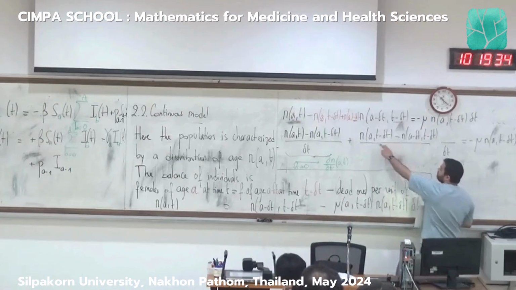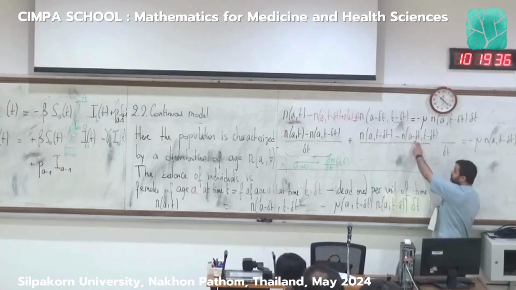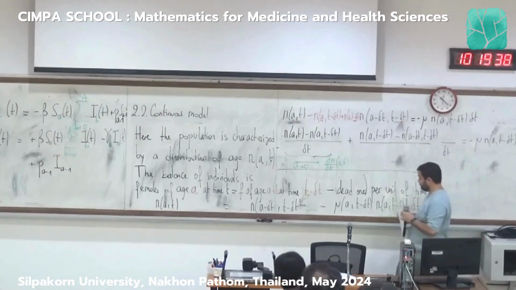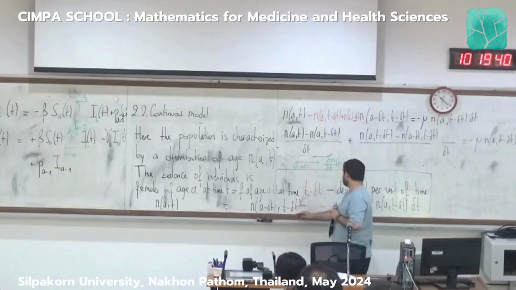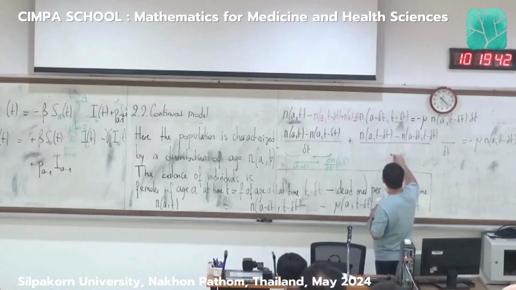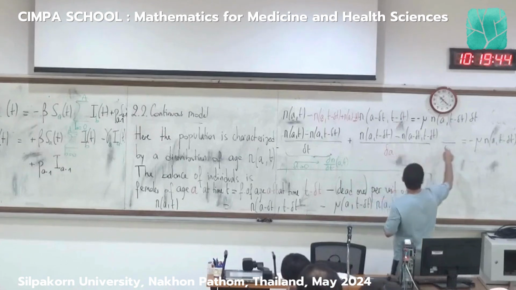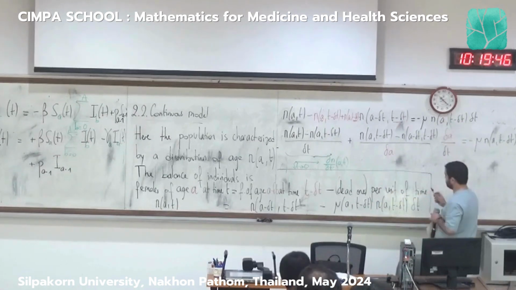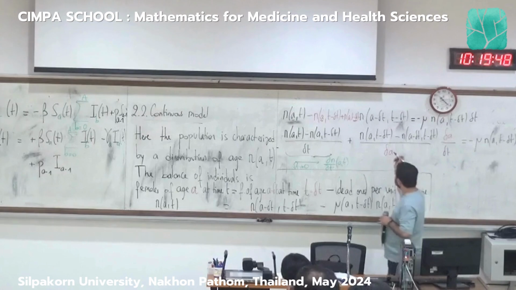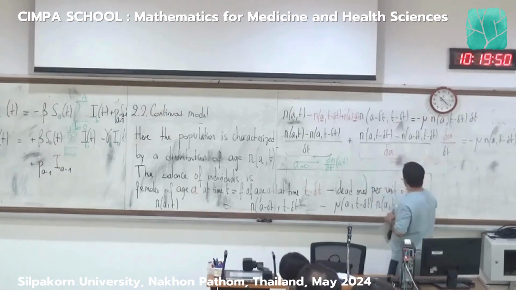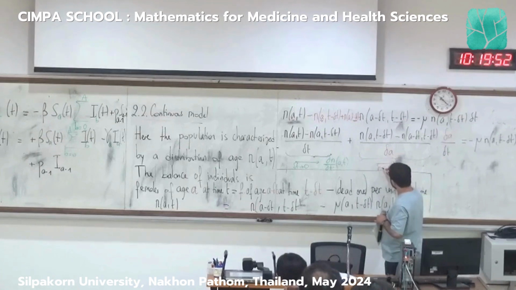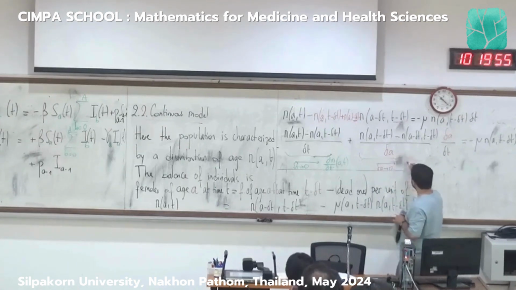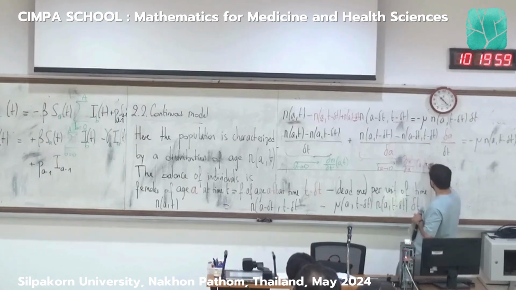What is changing between the two is the age now. So then we let delta a go to 0, and now I have the partial derivative with respect to age.